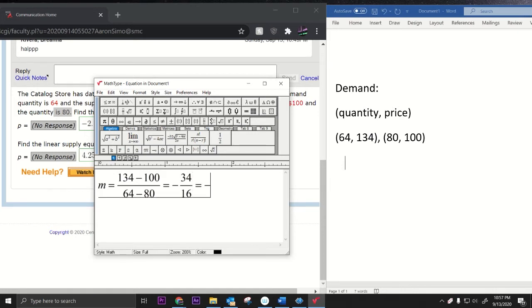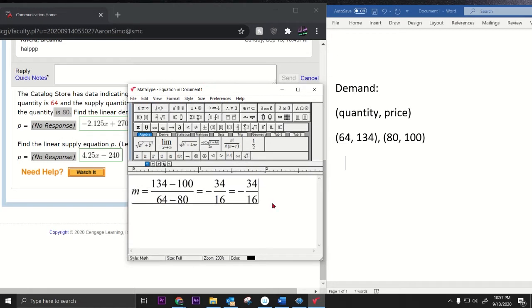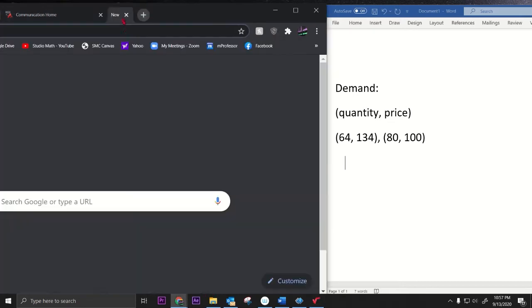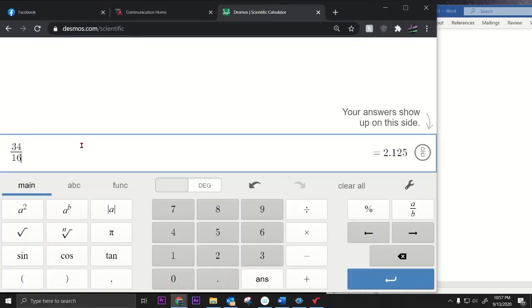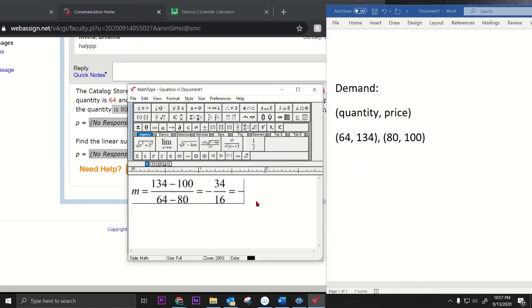Does it simplify? 17 over 8. Or do they want a decimal? Looks like they're using decimals, so we can go for a decimal here. 34 over 16 is 2.125, negative 2.125. So we have our slope.